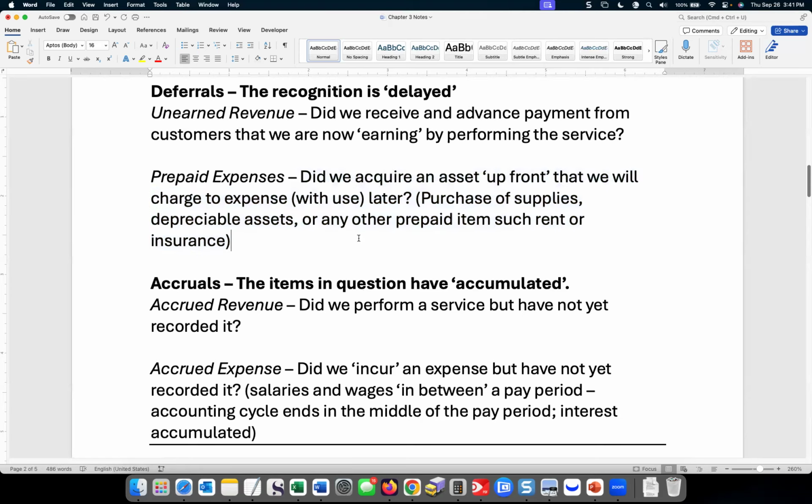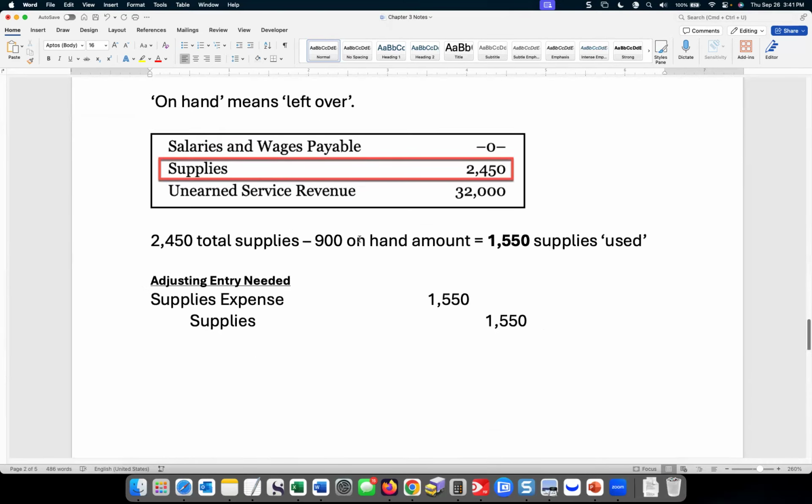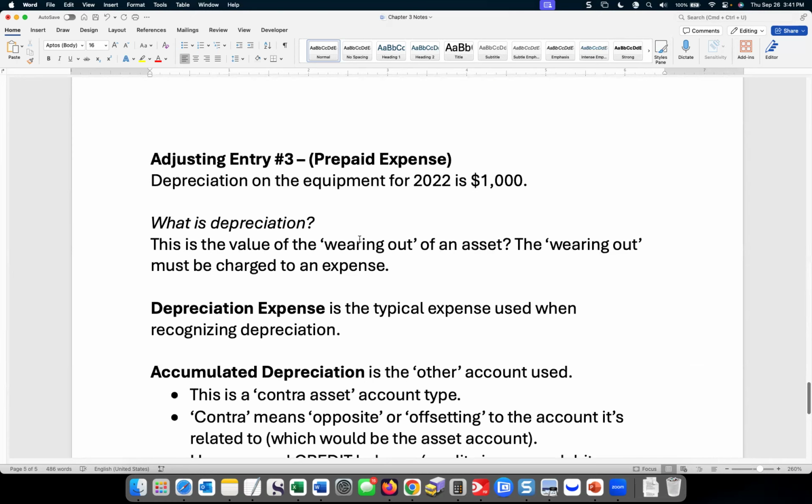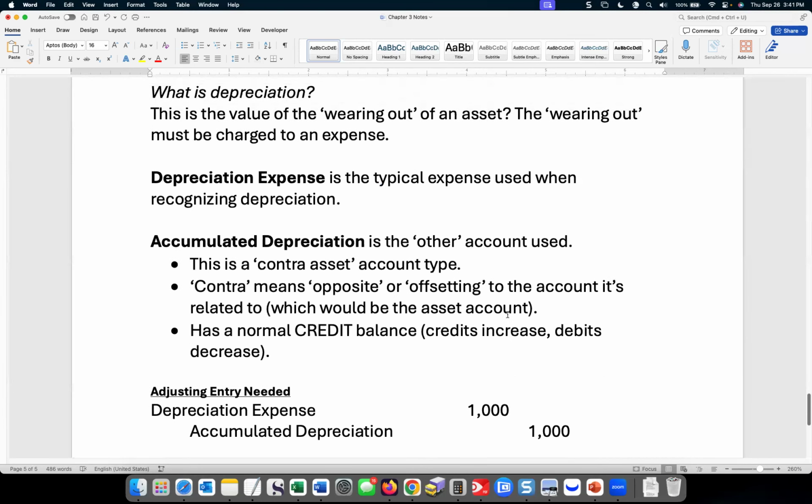But yeah, we bought equipment up front, and as we use the equipment, it's going to wear out with use. And of course, there's our adjusting entry that's needed, and accumulated depreciation is credited. But there's everything you need to know about accumulated depreciation.